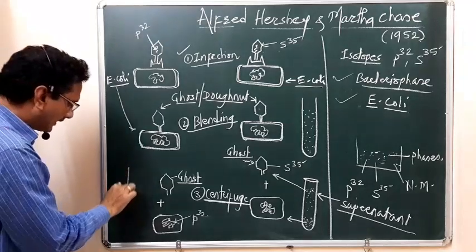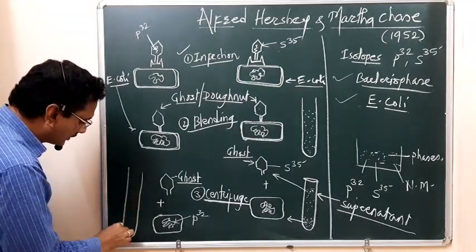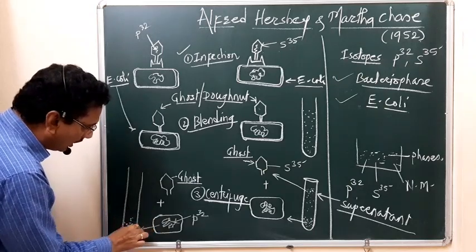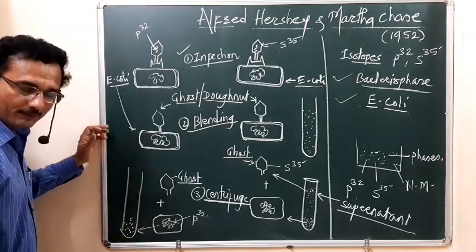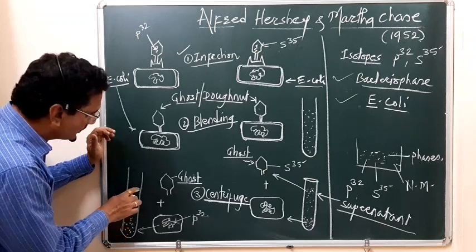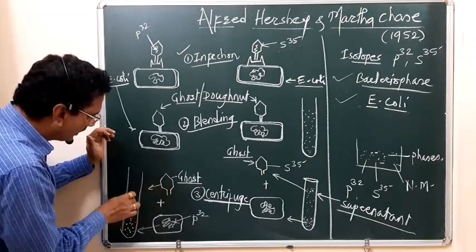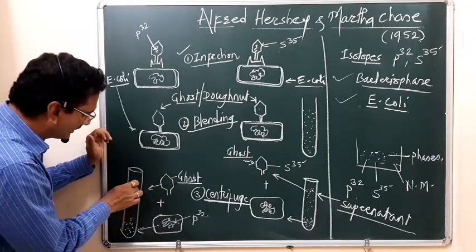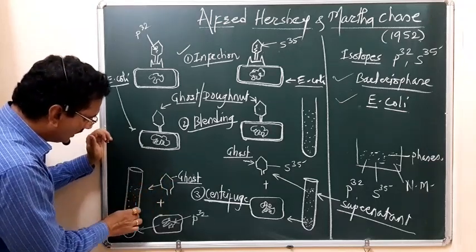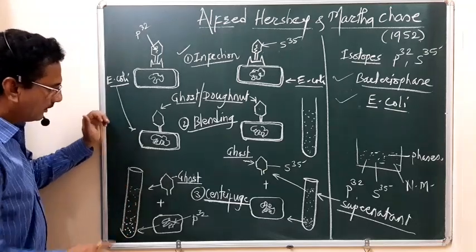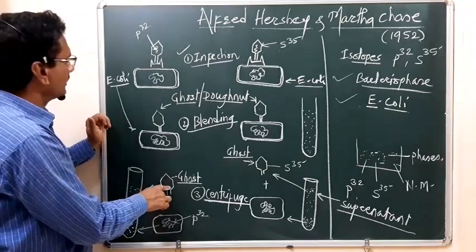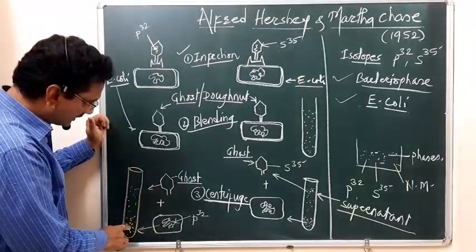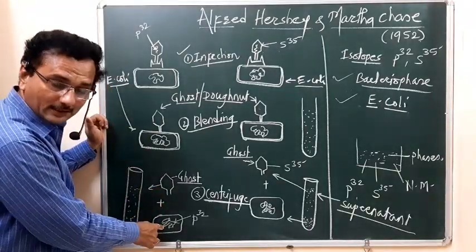But here, toward this side, where the bacteriophage having radio-labeled DNA is used, the radioactivity is detected at the base of the test tube, because all these E. coli bacteria are settled at the base, and the ghost, the empty protein coat of the bacteriophages, floats in the supernatant, but does not have the radio-labeled material. That radio-labeled material is transferred into the bacterial cell.